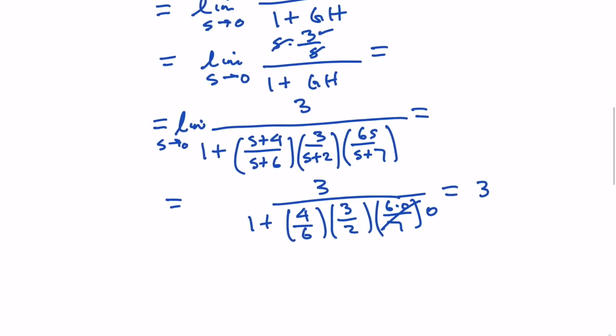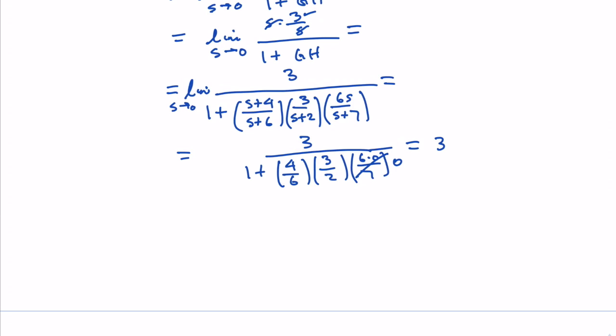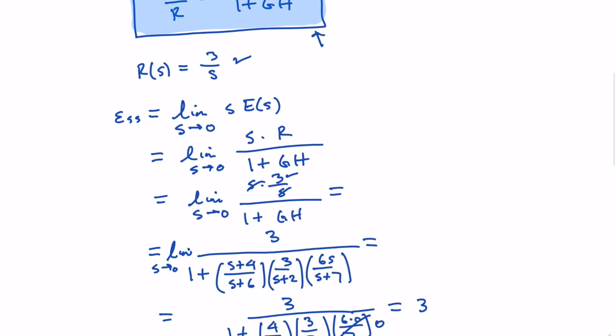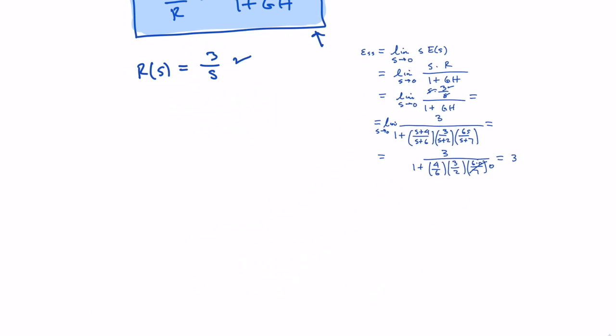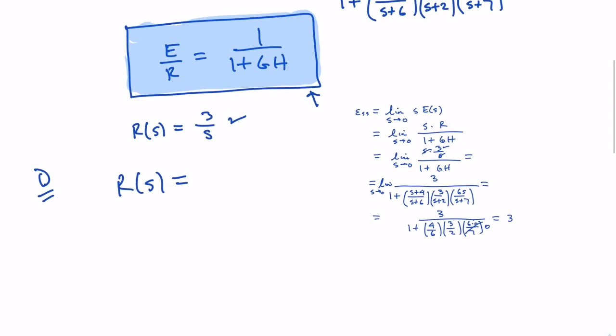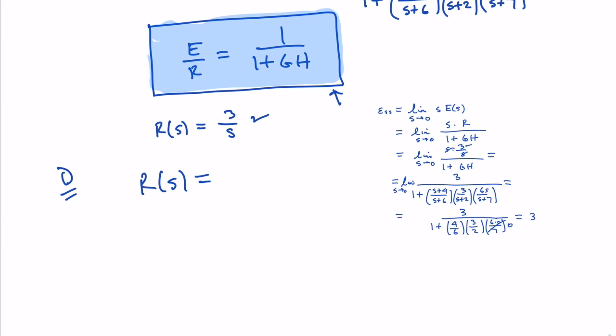Now what happens if we do essentially the same thing, only this time in part D, R of S is a ramp function of slope 4.